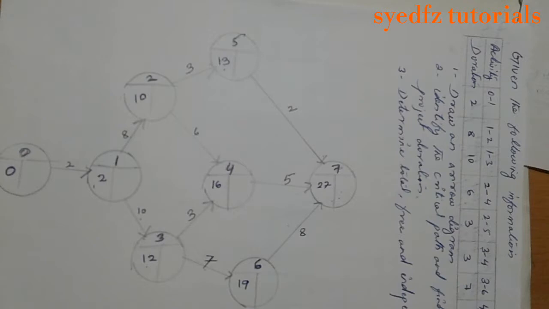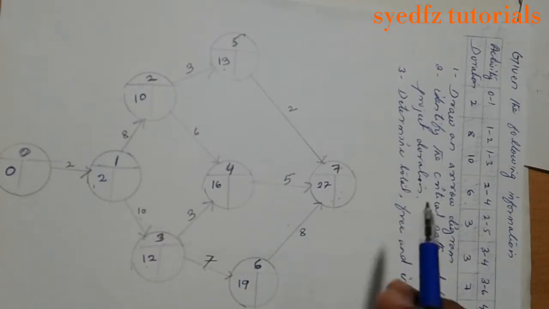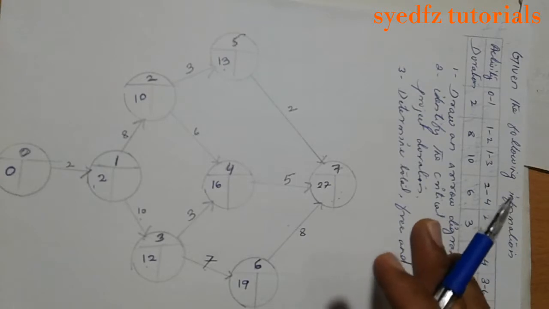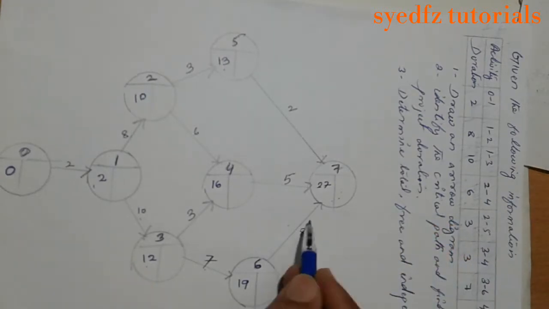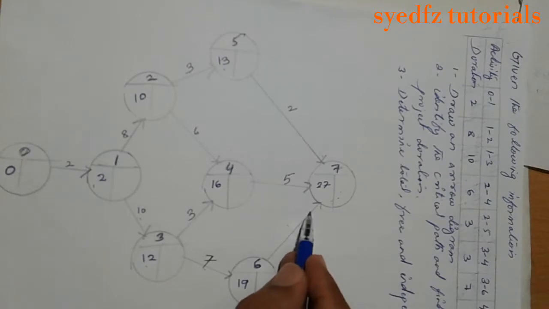Actually in this problem there is a little change in how it is. It should not get from here. So in this problem it changes a little, that's why it doesn't get the critical part correctly. Because here is the critical part, the highest value is going.